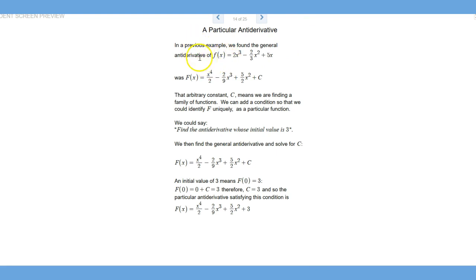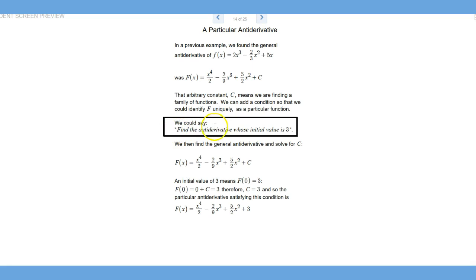We had a previous example where we wanted to find the general antiderivative of this polynomial, and we found that it was this fourth degree polynomial plus c. But now let's say we want to find a particular antiderivative. So we want to replace that c with an actual value. We need to be given another point on the graph, actually, so that when we plug the x value from that point in, we can solve for c.